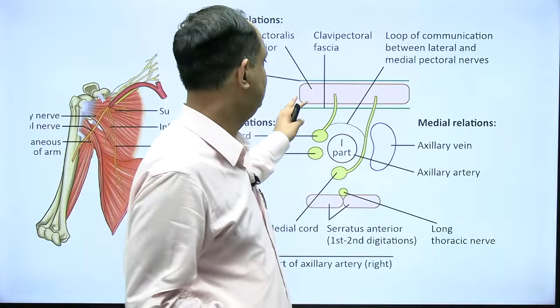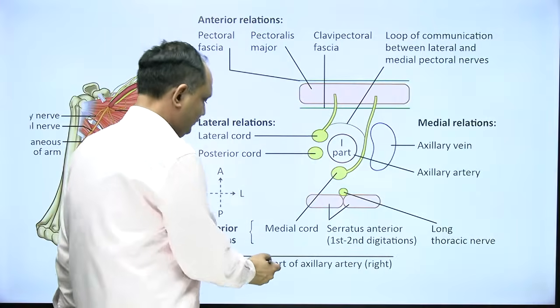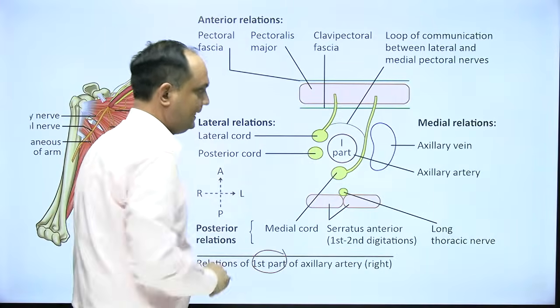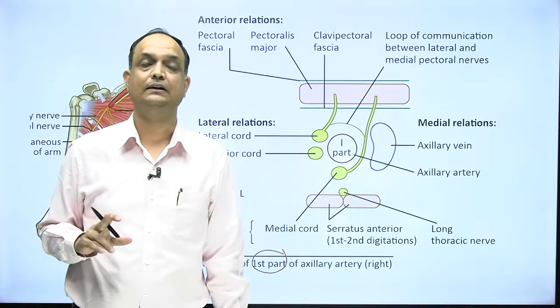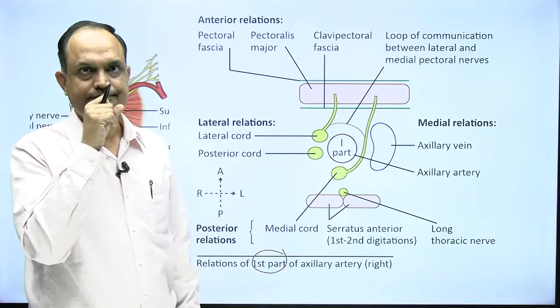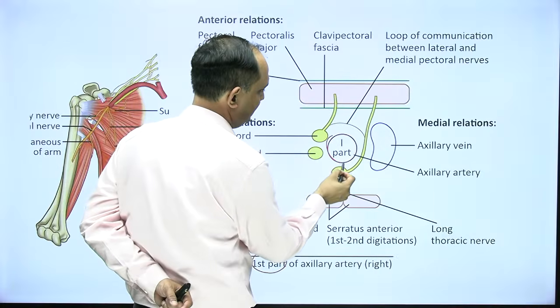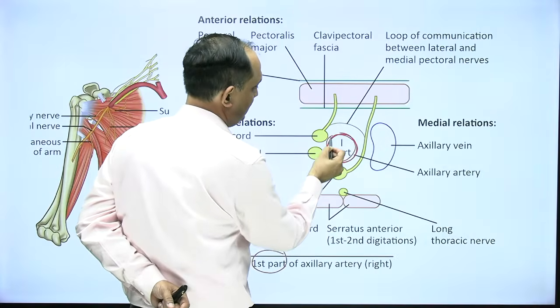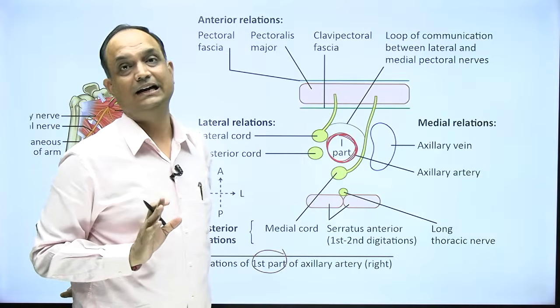Now we'll come to this image. How is this image formed? This is your first part of the axillary artery. When you see the book, you have to first understand. Let me explain: suppose this is the artery. If you are drawing the artery, you first have to decide which is the medial and lateral side.